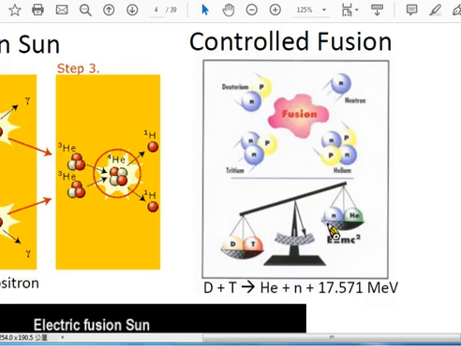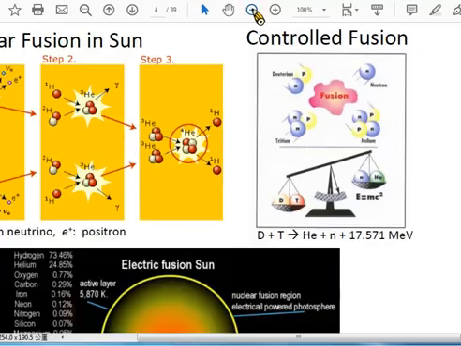So the energy will be released by the fusion process.